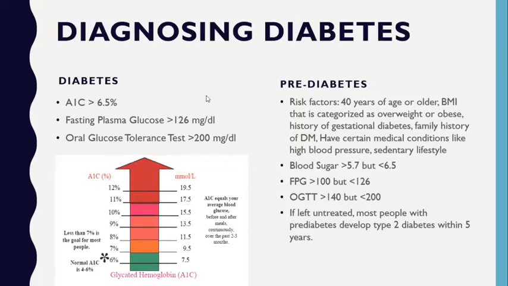Typically when I talk to someone that I'm working with in health coaching, this is the number we're talking about all the time. I'm like, what's your A1C at? What do you want it to be at? This gives us a picture of what the blood sugar control has been for the past few months rather than just today.